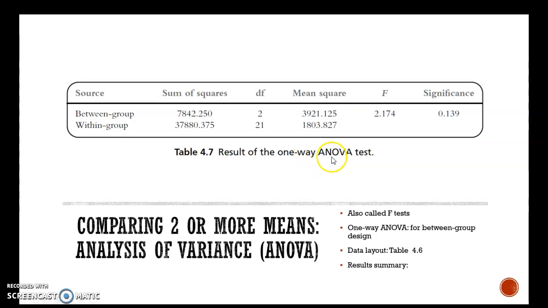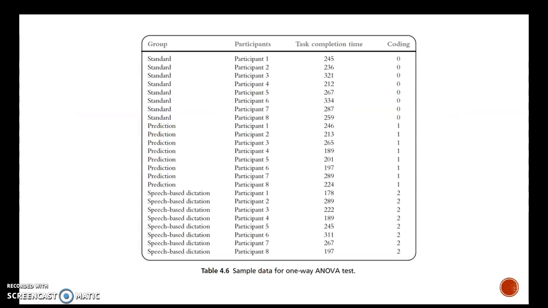The result of the one-way ANOVA test: the significance for the between group was not significantly different. So training or not, there's no difference. Basically, the null hypothesis was supported.